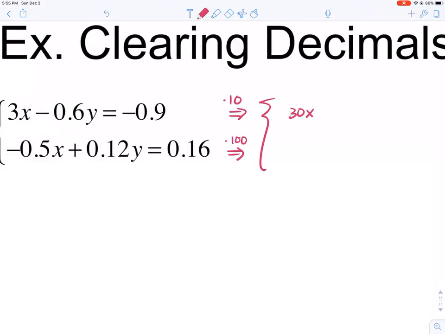So I have 30x minus 6y equals negative 9. And negative 50x, because it's multiplying by 100, we'll move the decimal over to the right 2 places, plus 12y equals 16.